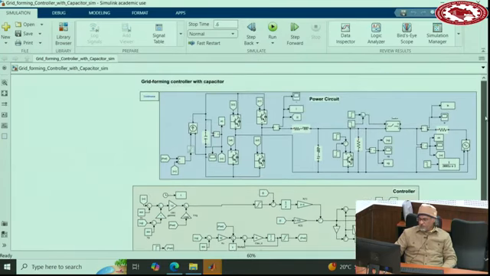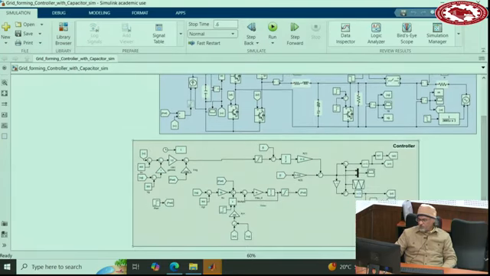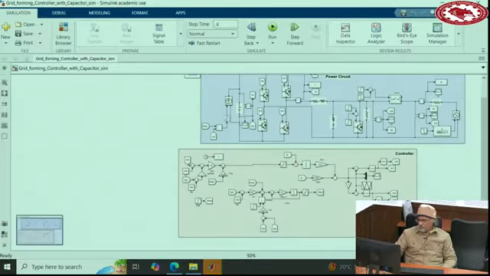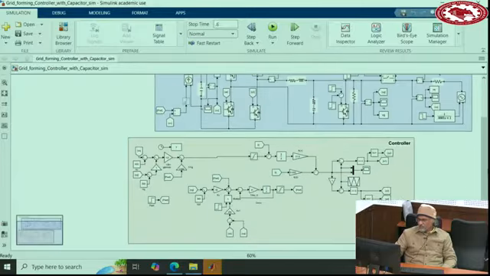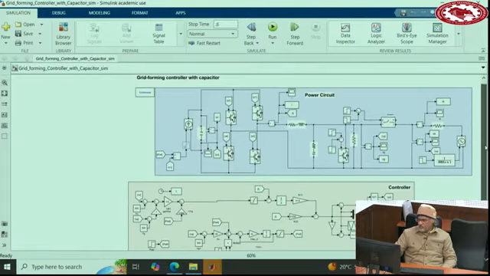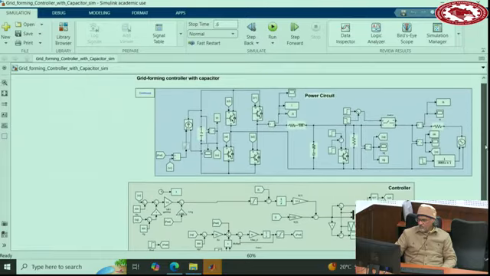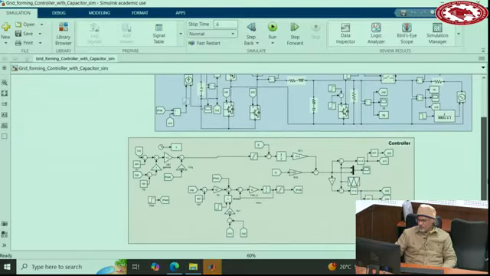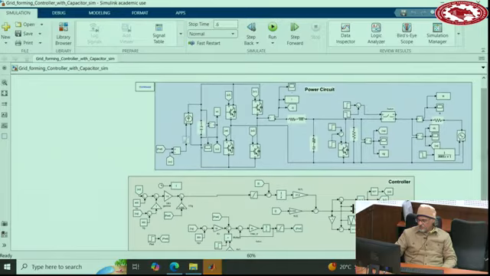All right. So there is the oscilloscope. We put separate oscilloscopes here. For instance, this is the current, this is the voltage.